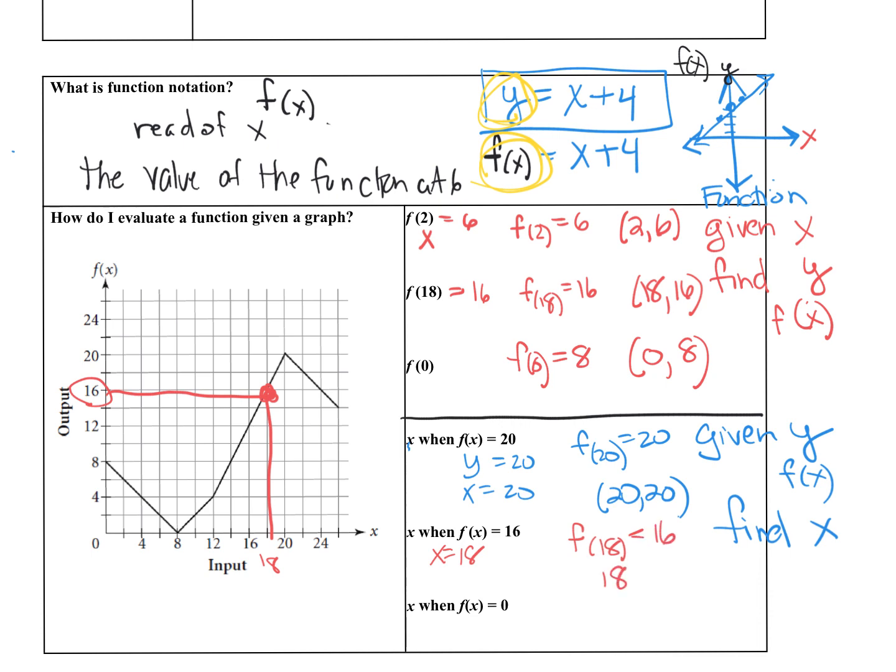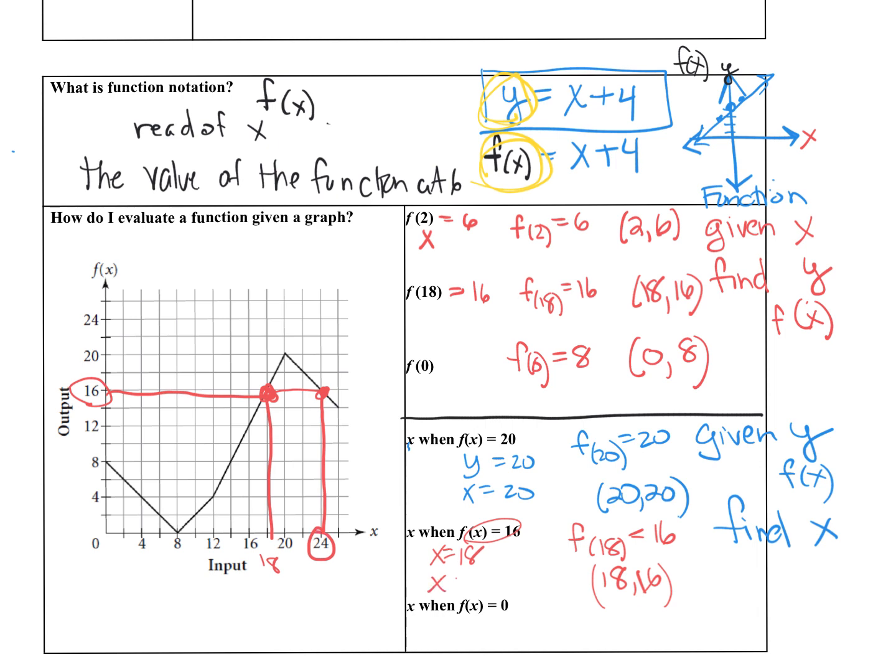Or that's the ordered pair 18, 16. Now, what's unique about this f of x equals 16 is that if you keep going, it hits it again. And so we're going to drop down there, and that gives us 24.